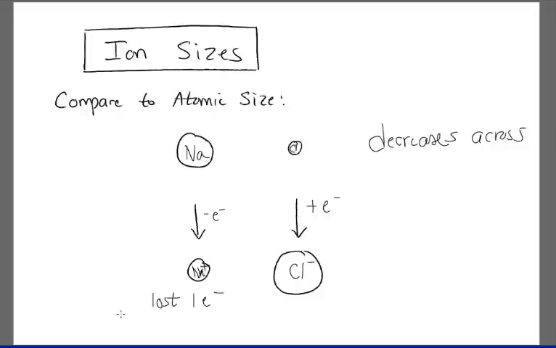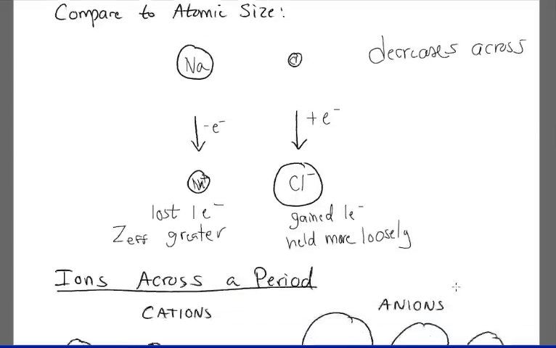So our effective nuclear charge, or effective atomic number, is now greater because we have ionized it, and the electrons are held more tightly. Whereas chlorine gained an electron, and that last electron is held more loosely, so it makes a much larger ion.